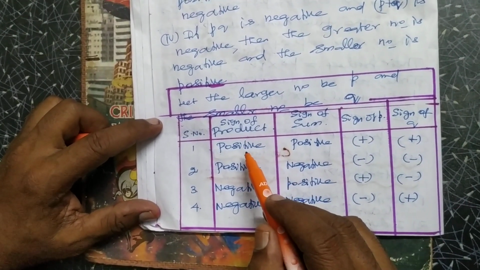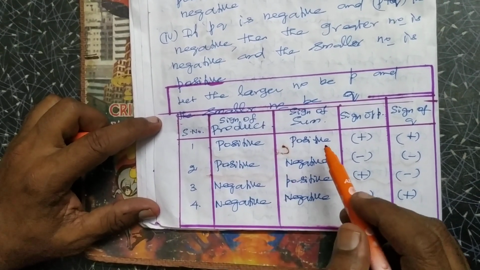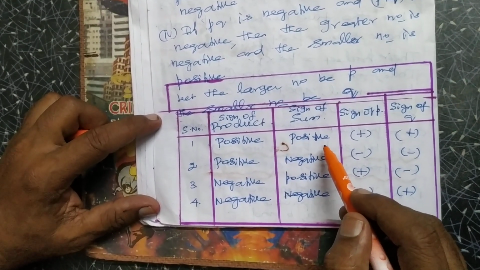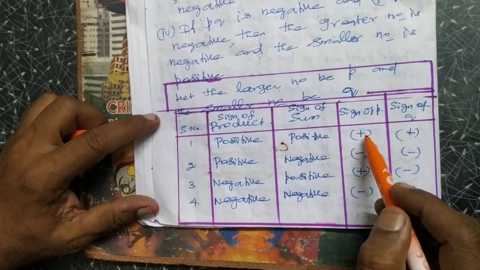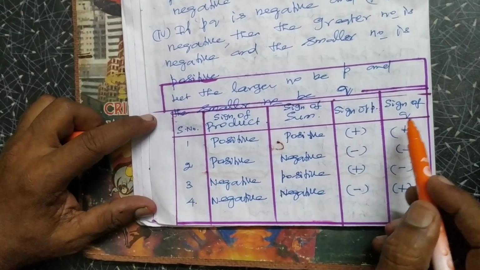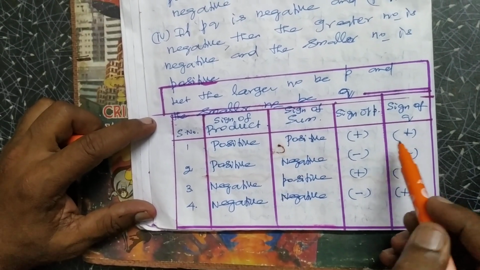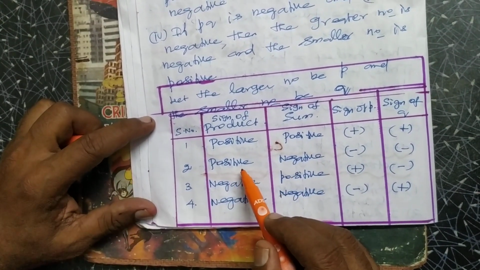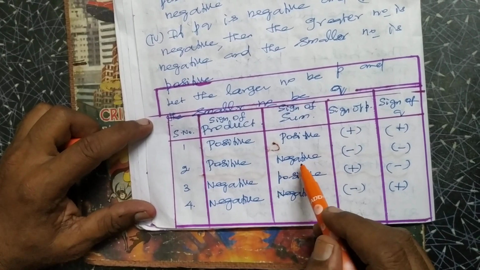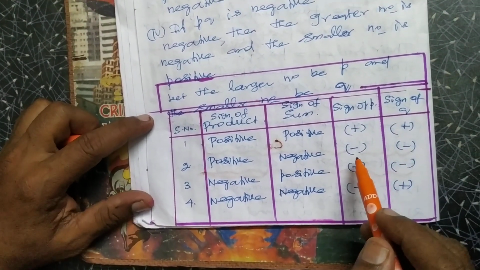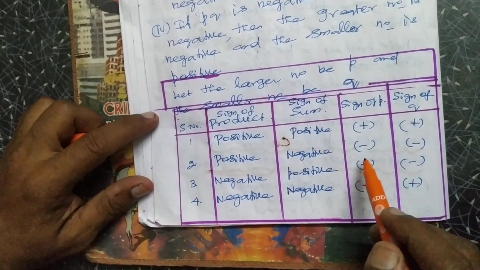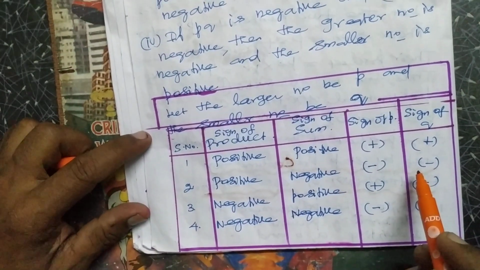Suppose the product is positive and the sign of the sum is also positive, then the sign of p is positive, and the sign of q is also positive. If the product of two numbers is positive and their sum is negative, then both numbers will have the negative sign. Minus into minus will be plus. When you are adding two negative integers, you will get negative.